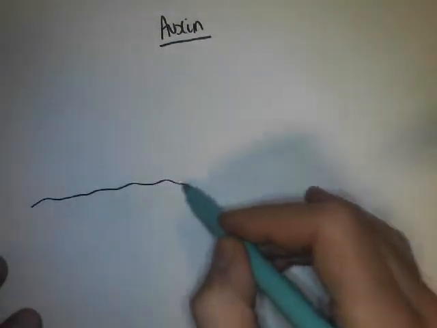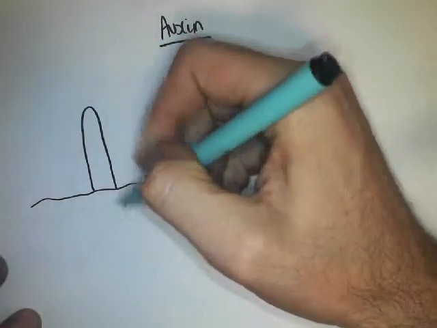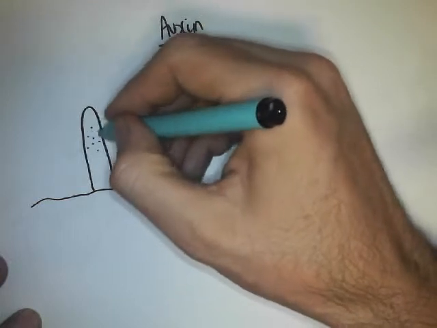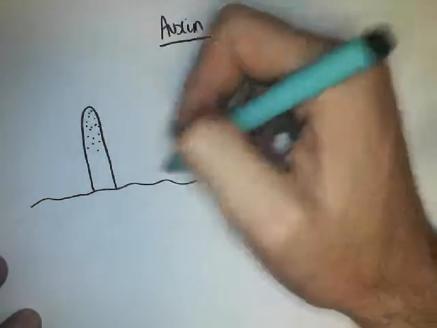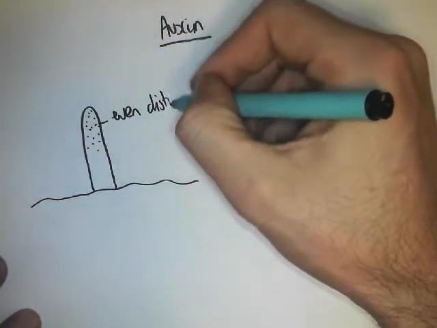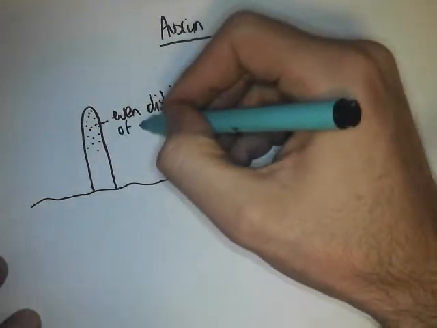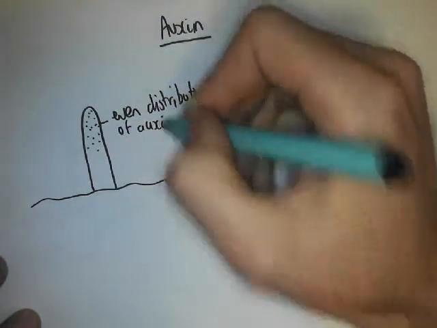It's a little bit easier, this one. So we've already got our shoot and it's upright like this, and at this point you've got an even distribution of auxin.